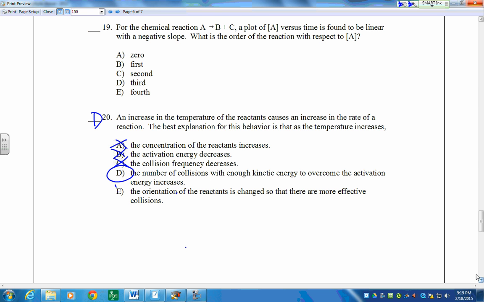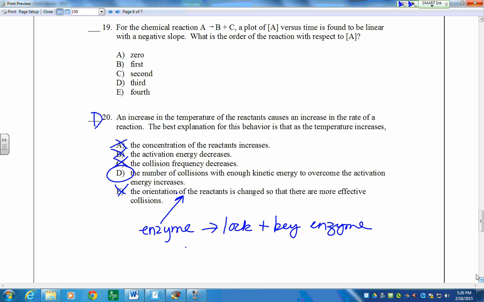And E, the orientation of the reactants is changed, so there are more effective collisions. That is not true, but I want to talk about this. There is something in biology called an enzyme, and there's a special kind called a lock and key enzyme. When you put a key in a lock, it has to orient perfectly to undo the lock.